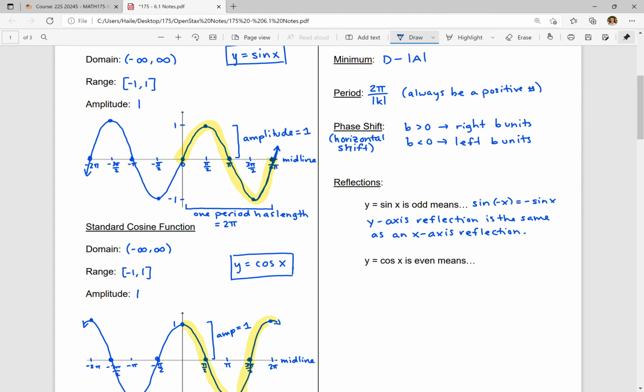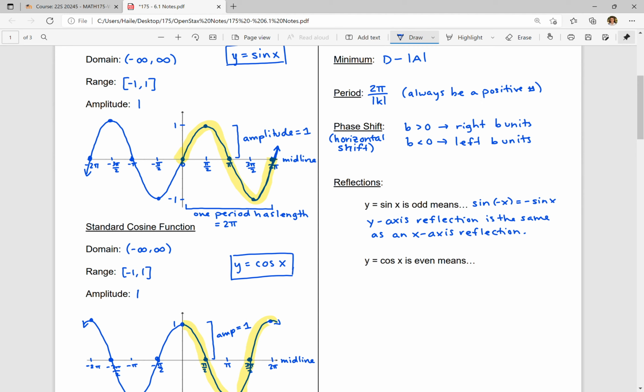One other thing we can get from this is, since a y-axis reflection and an x-axis reflection are the same, what happens if we do both to a function? Well, if we reflect something over the x-axis twice, it would undo itself. Same as if we reflect over the y-axis twice, it would undo itself.